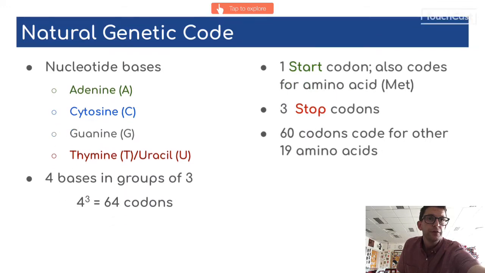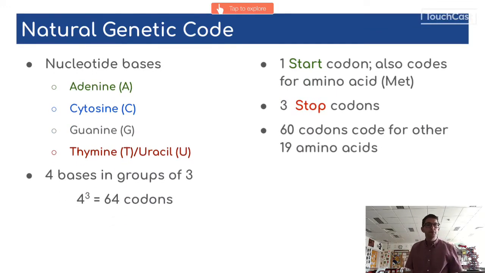So of those 64 codons, we have 3 that are stop codons, which you are kind of familiar with. We have 1 start codon, and this start codon also codes for an amino acid, methionine, abbreviated as MET. And then there are 60 other codons that code for the other 19 amino acids. So 60 plus 3 plus 1 makes 64 possible codons.